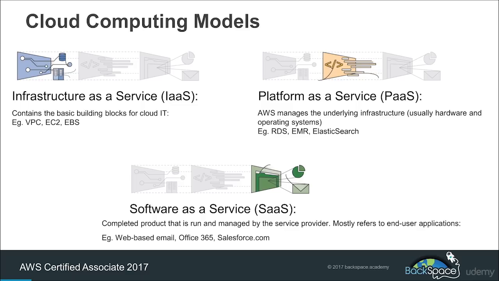And so that's a step above using EC2 to manually create a database solution. Another example is Elastic MapReduce, which is AWS's Hadoop platform as a service. And AWS Elasticsearch, which is AWS's Elastic.co Elasticsearch platform as a service as well.